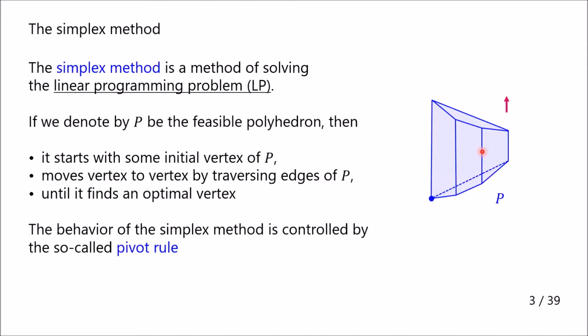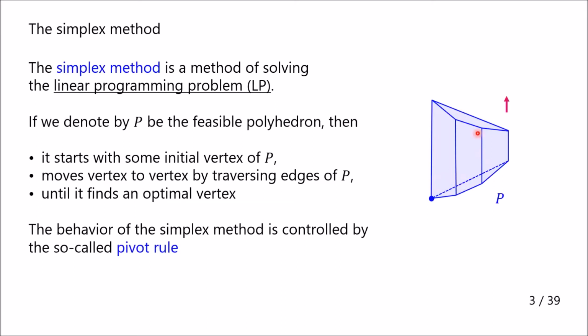Okay, I would like to start with a quick review of the simplex method. As you may know, the simplex method is a method of solving linear programming problems, LP for short. And here is an image.